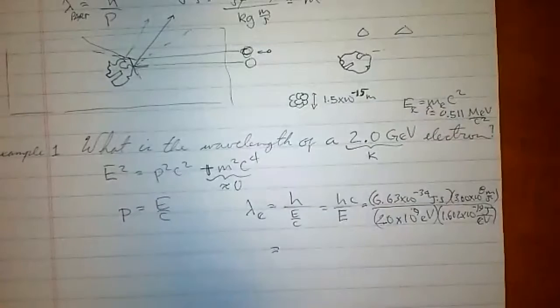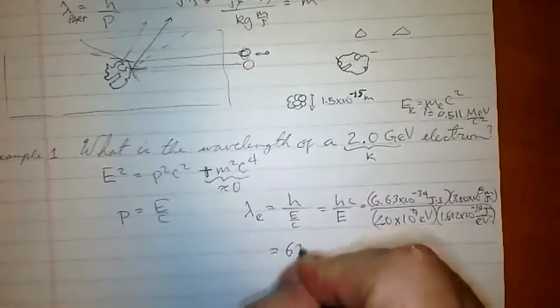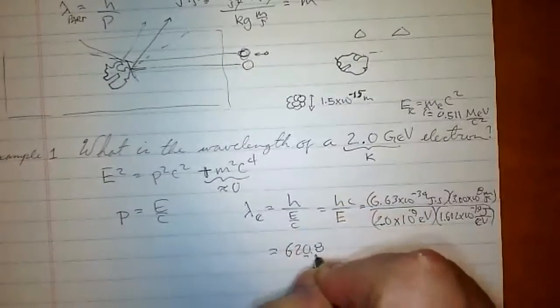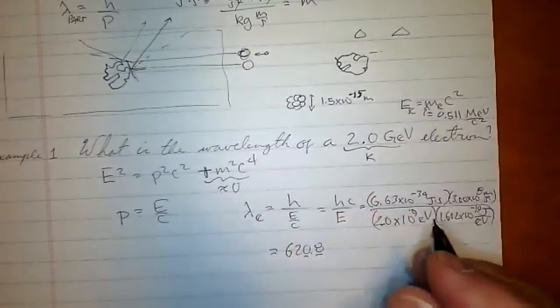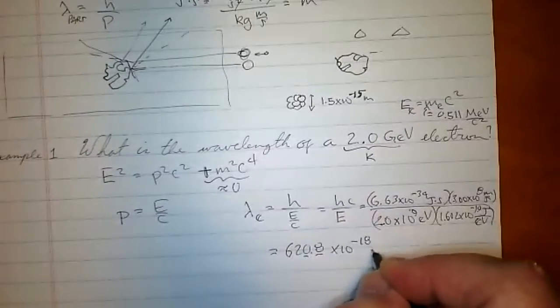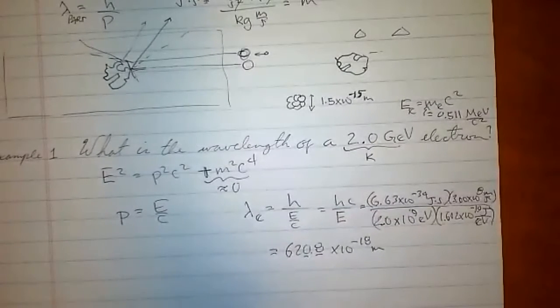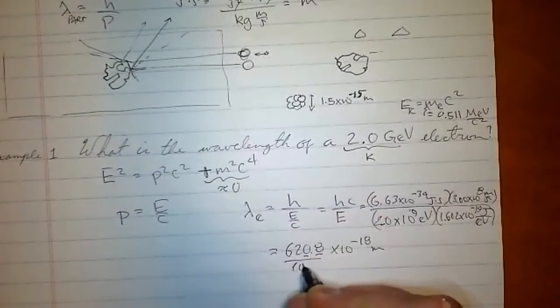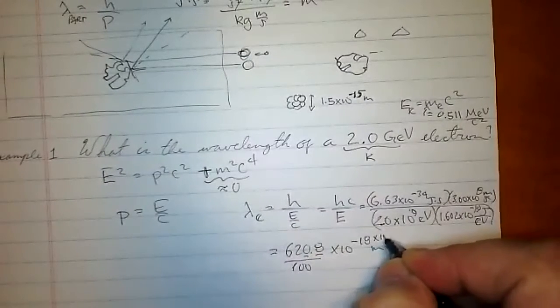And when I put this in, I am going to get 620.8, and really these last two digits are extra sig figs, times 10 to the negative 18th meters. And in fact, I can divide by 100 and multiply by 100 simultaneously.